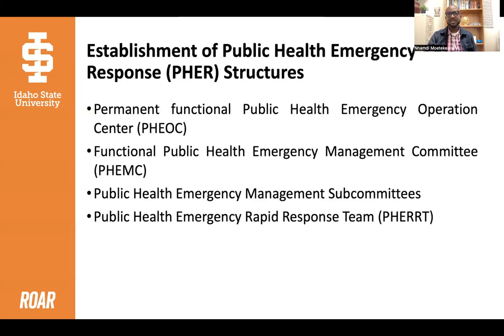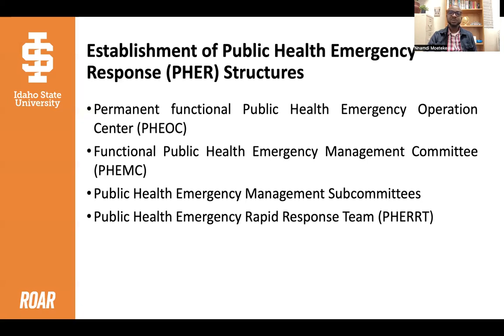The public health emergency response structures include the permanent functional public health emergency operations center, a functional public health emergency management committee that has technical members, as well as non-technical members who are stakeholders in the community.